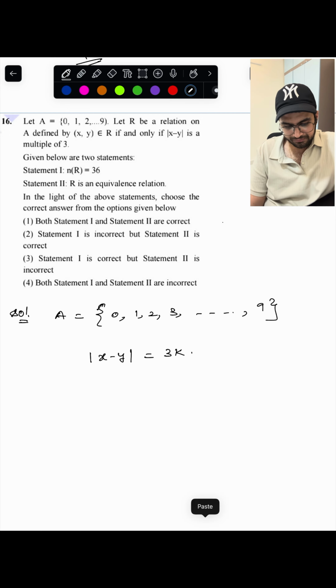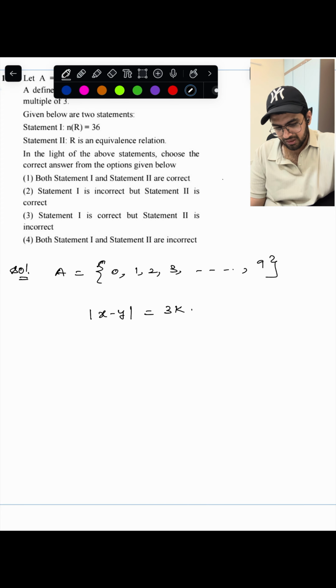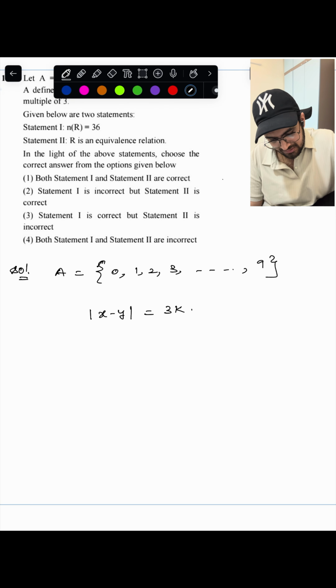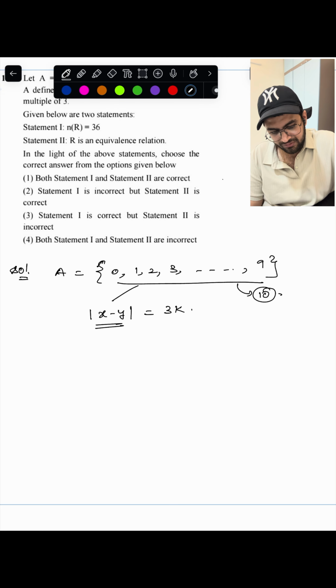So now what to do? Let's say total 10 numbers are there, right? So x, y should be chosen from here such that mod of x minus y is a 3 multiple.